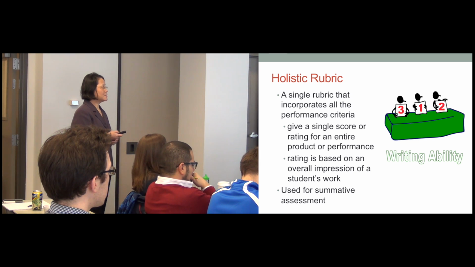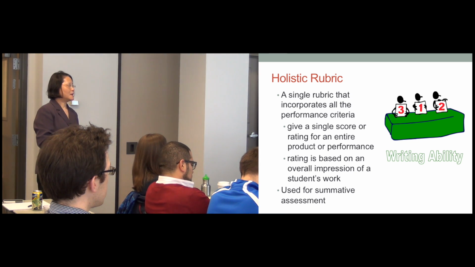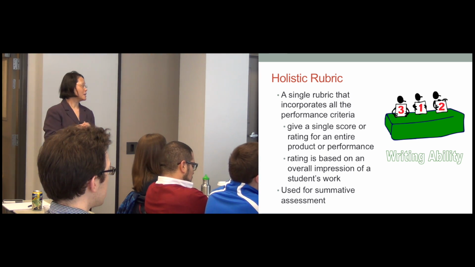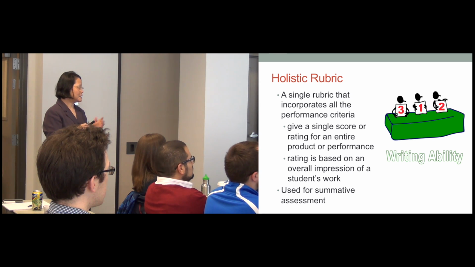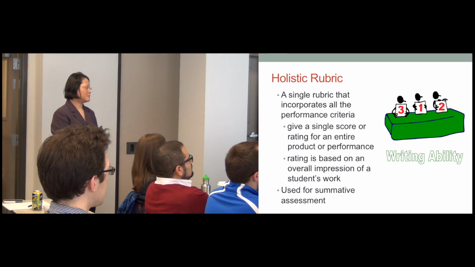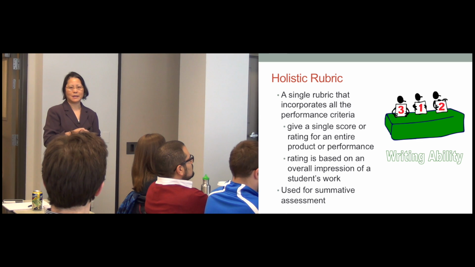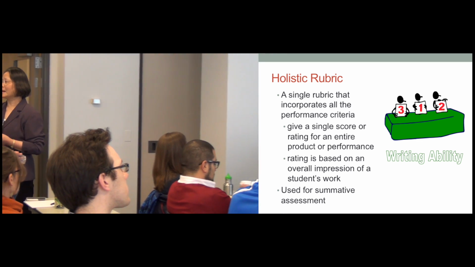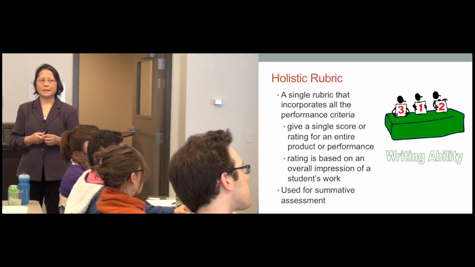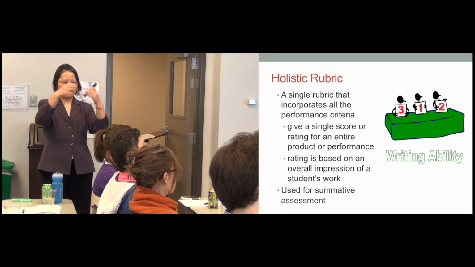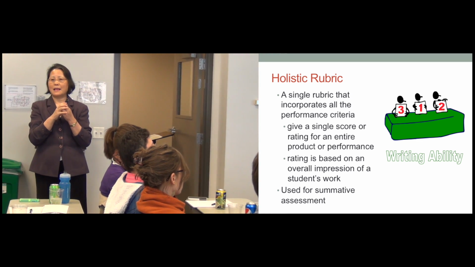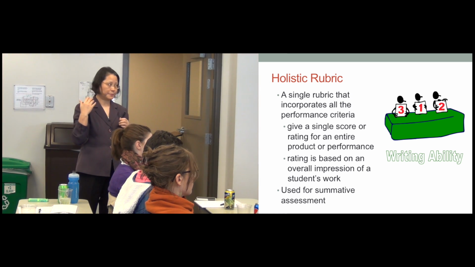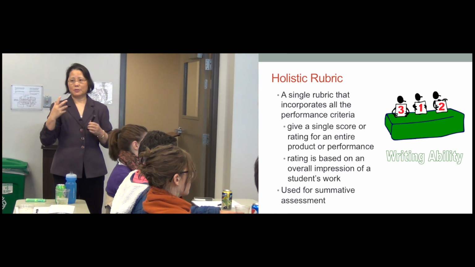And the holistic rubric is a single rubric. For instance, if you want to evaluate and score a writing sample, you want to assess a student's writing ability based on the sample. So you will develop the criteria, and also different levels: level 1, level 2, level 3.